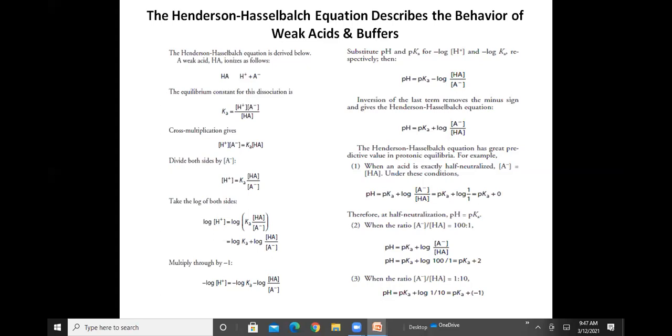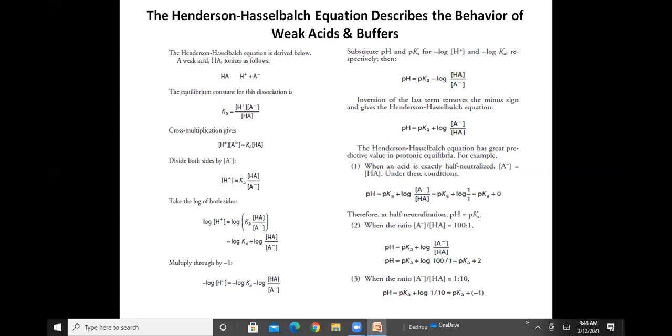Without much ado, if the acid and base concentrations are the same, we say that the pH equals the pKa. Now, what about when you have more acid?